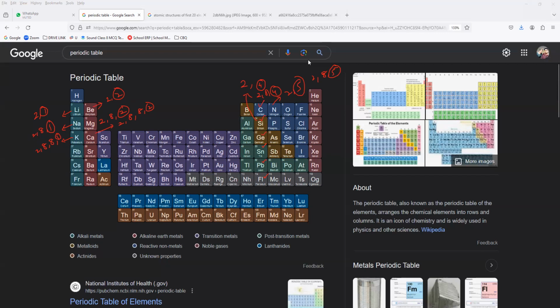You can locate whether the given element will be on the left side, the right side, or in the middle of the periodic table, metal or non-metal. Do you all understand, everybody?